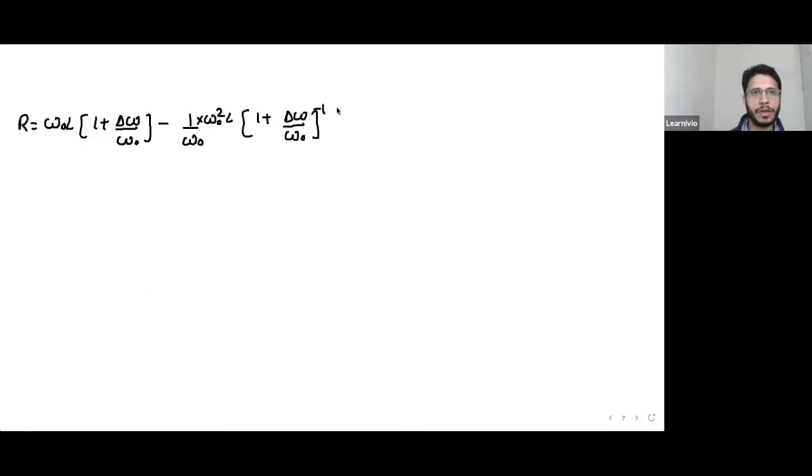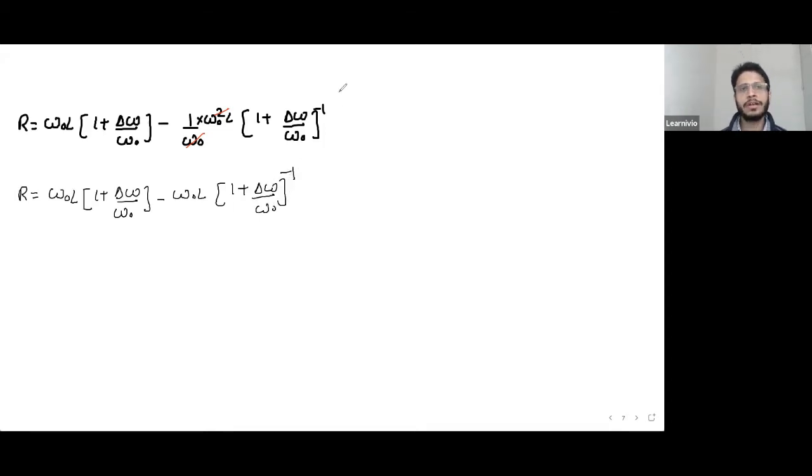So this omega naught square will cancel this thing. So your R is omega naught L (1 plus delta omega by omega naught) minus omega naught L (1 plus delta omega by omega naught) to the power minus 1.